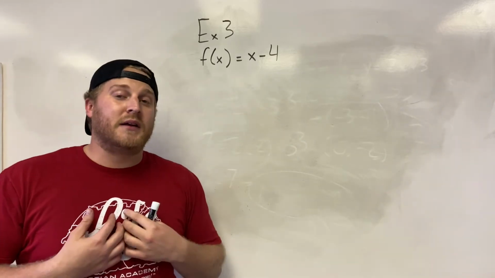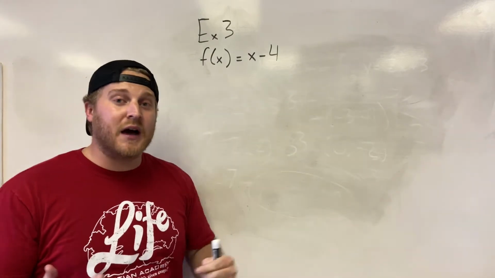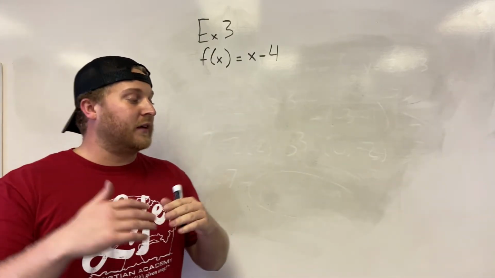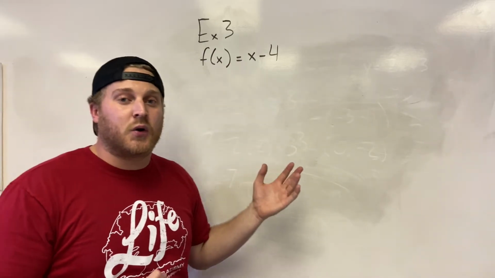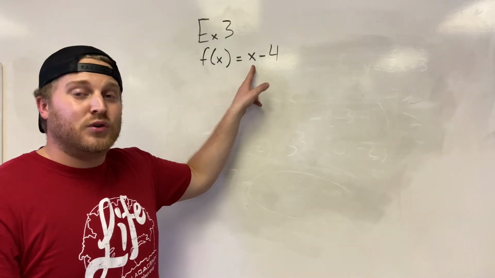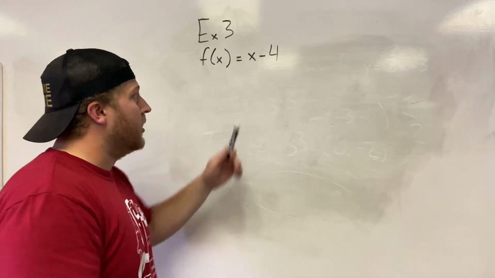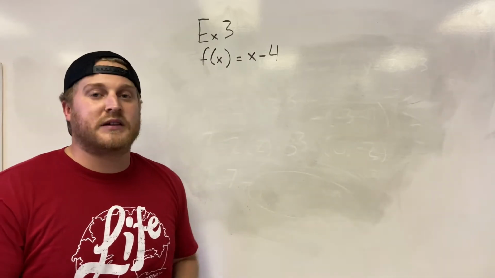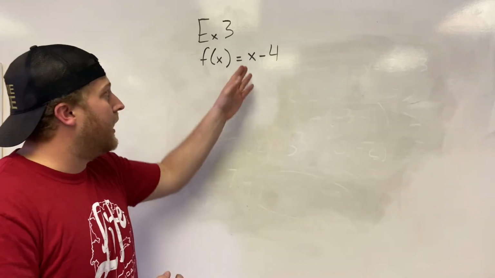In my opinion, I like it when it doesn't give us x coordinates, because the great thing about these functions in coordinate planes is that if it doesn't give us x coordinates, we can make up our own x coordinates. As long as we use this formula correctly, we're going to get the right y coordinates. So example 3 says, find 3 ordered pairs using this formula.